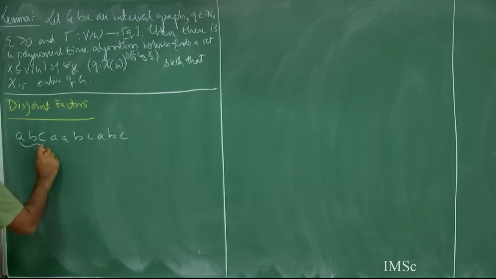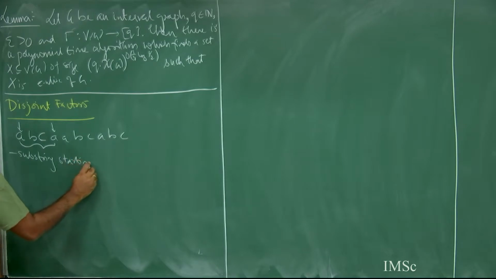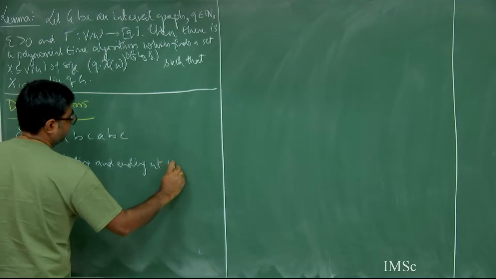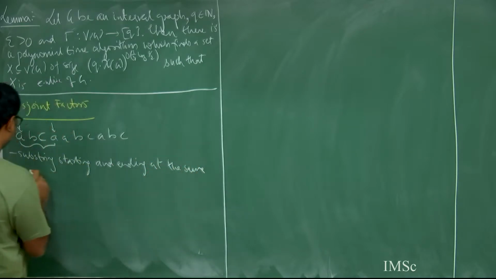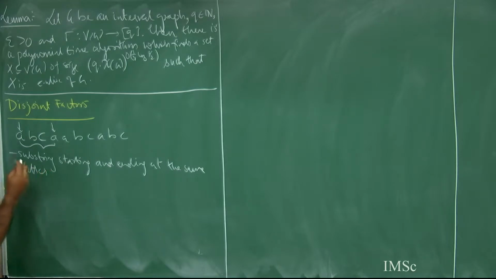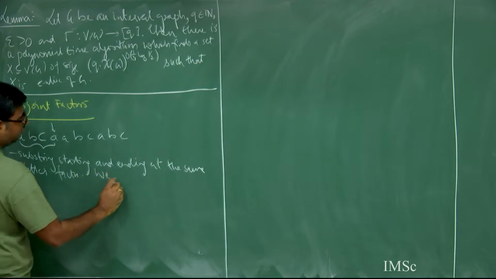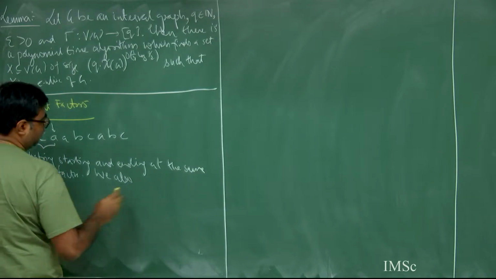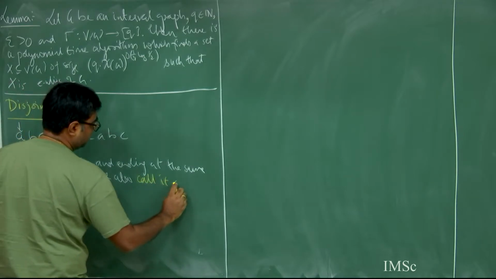A factor is a substring starting and ending at the same letter. If this is A and A, we also call it an A factor.